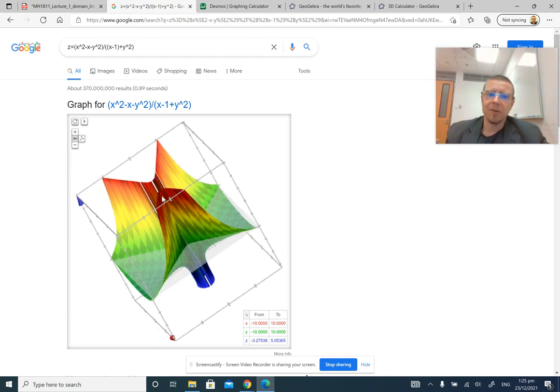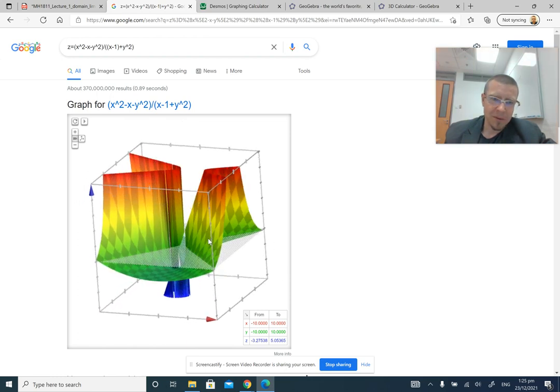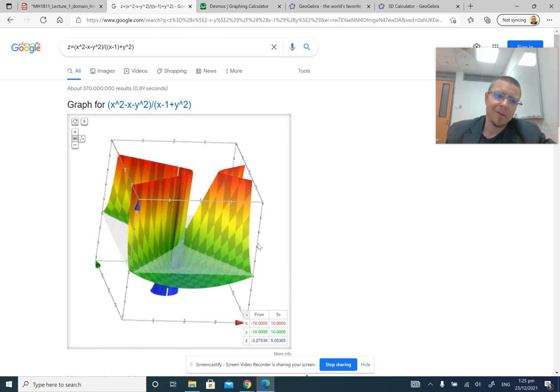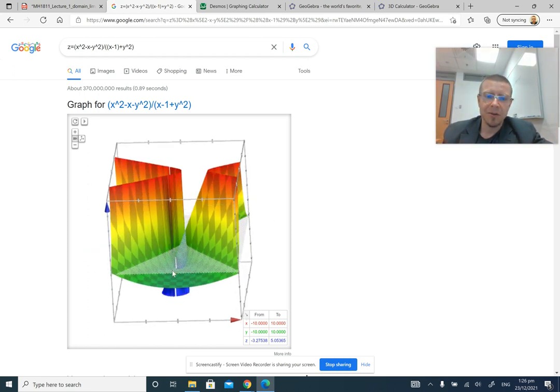You can probably see that the limit along the line y equals 0 is 1, and the limit along the line x equals 1 is negative 1. Again, it takes some effort to figure out what's going on, but what is immediately clear is that because of the shape of the graph, in the middle here there is no limit.